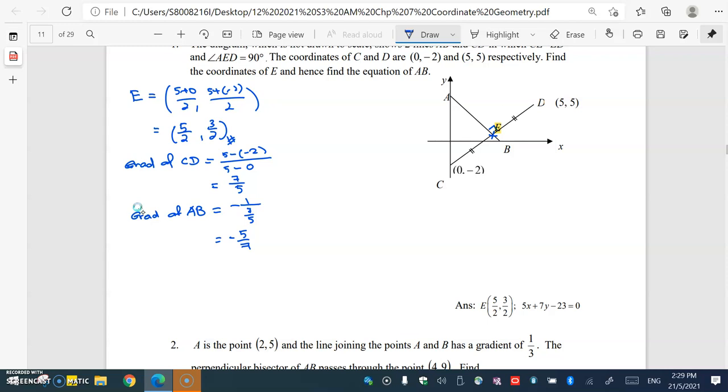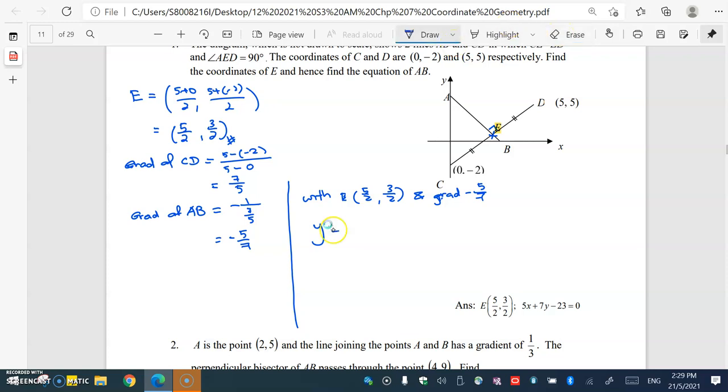Now, since we have the gradient of AB, and the point E sits on that line AB, I'm going to use these values with E at x-coordinate 5/2, y-coordinate 3/2, and gradient -5 over 7. I know that the generic equation can be used to solve this.